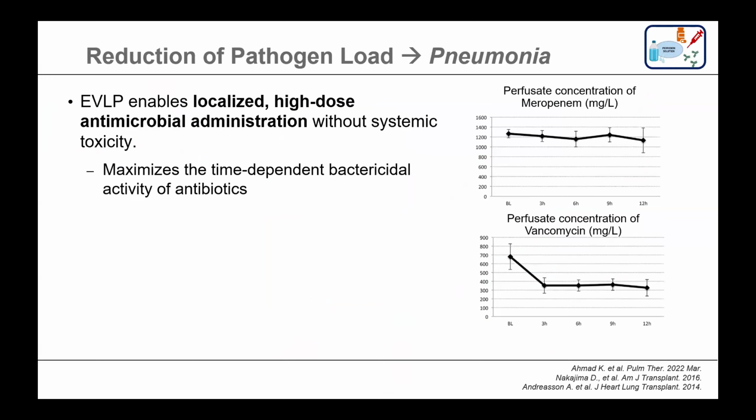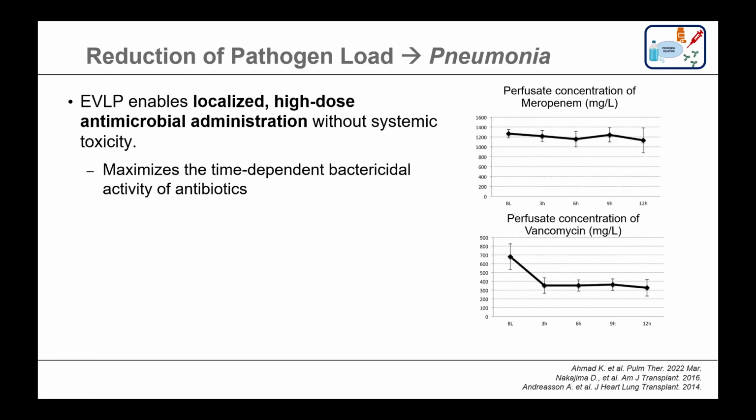So these studies looked at EVLP enabling localized high-dose antimicrobial administration without systemic toxicity. So we know that EVLP can allow for supratherapeutic drug levels without associated toxicity to other donor or recipient organs. The vancomycin perfusate concentrations can be 30 to 40 times higher than the threshold for renal toxicity.